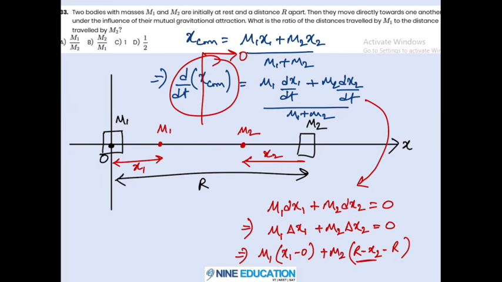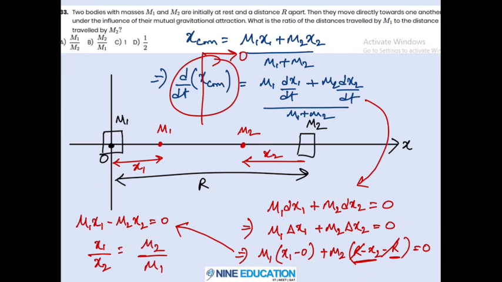So this is the final position and this is the initial position. So the change in position gives m1 x1, r gets cancelled, minus m2 x2 is equal to 0. So x1 by x2 will be equal to m2 by m1. This is what they were asking, right?